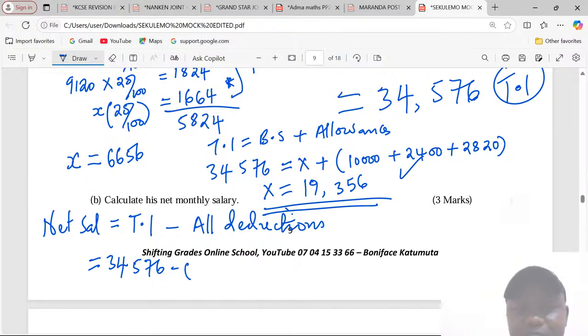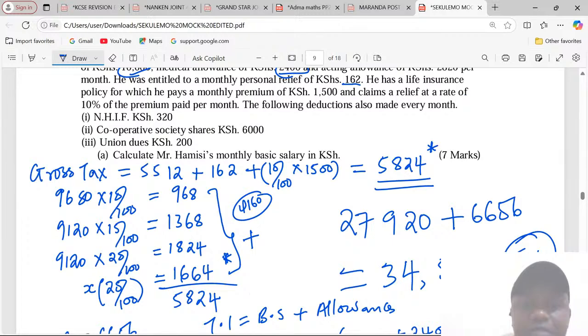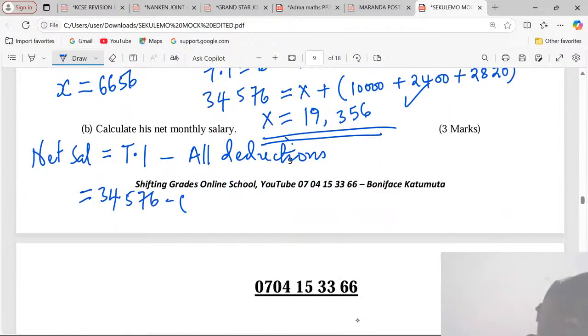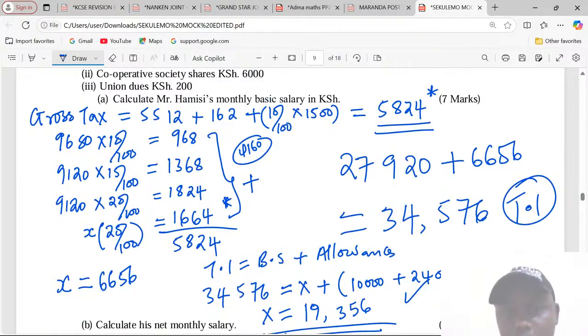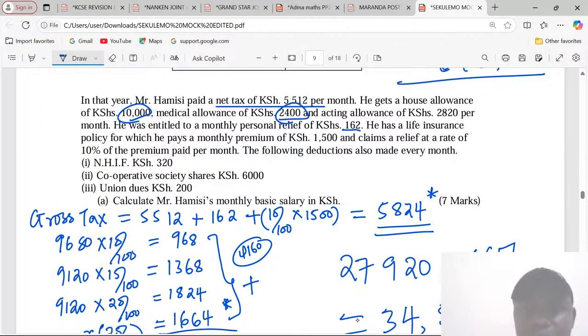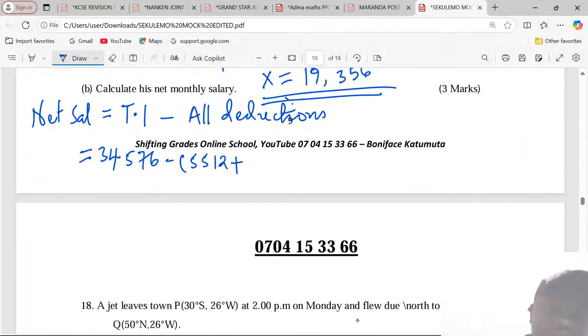Then all deductions. The first deduction is the PAYE, 5512. This person, Mr. Amisi, also pays a premium to an insurance company, 1500. That is also a deduction.